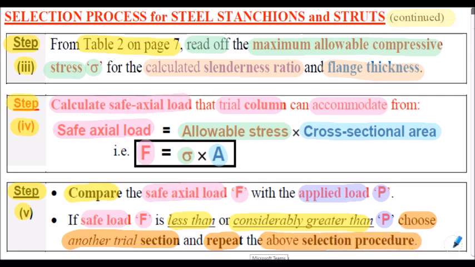So as you can see, the selection process requires iteration. We may need several trial sections before we decide upon the most appropriate section. Usually the appropriate section is found within 3 iterations. We will now consider a worked example to illustrate the above selection process.